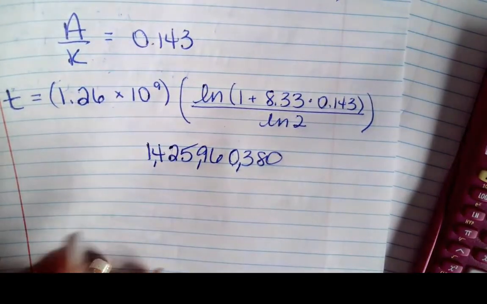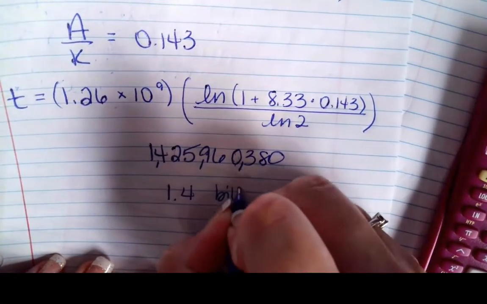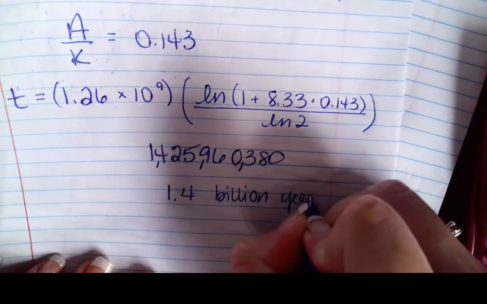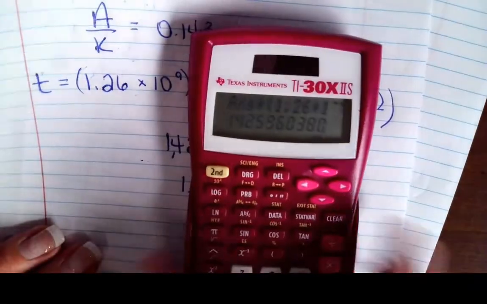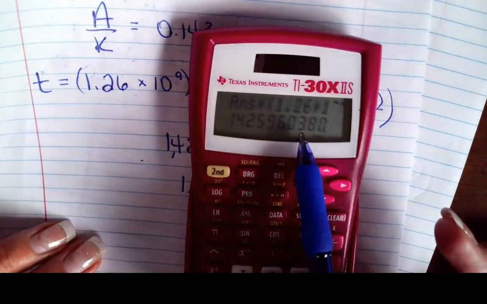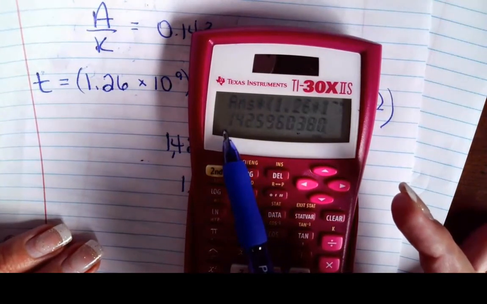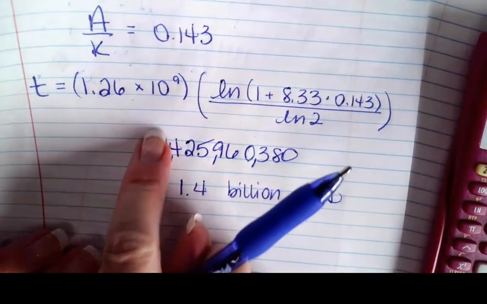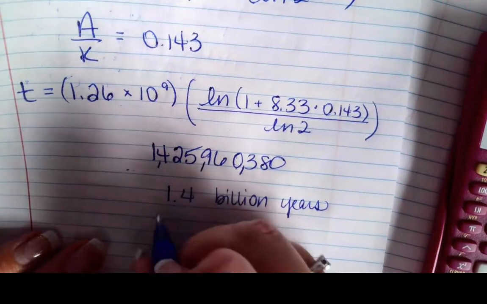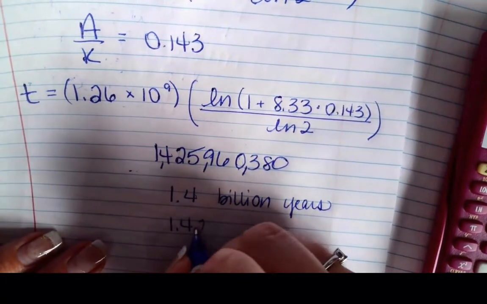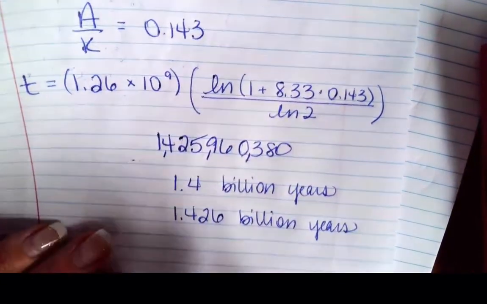When I look down here, the first three are your hundreds, then your thousands, then your millions. So I've got 1 billion and some more. Actually, it says to the nearest thousandth, so it's going to be 1.426 billion years. Sorry, that threw me off.